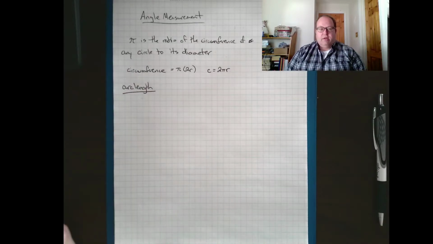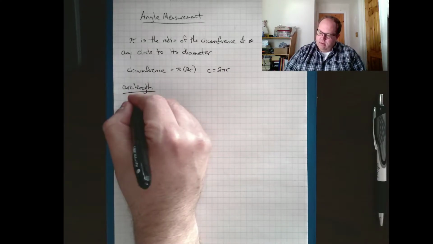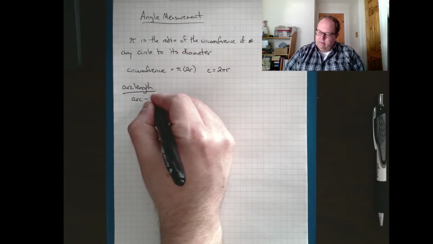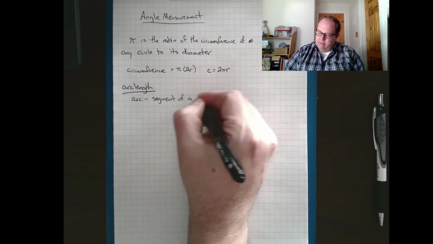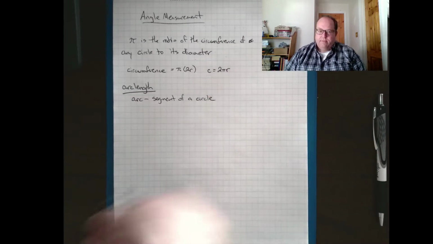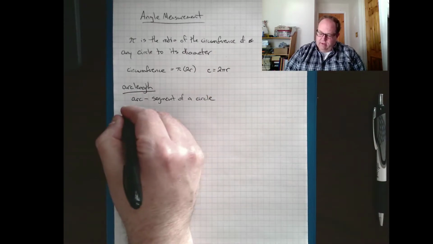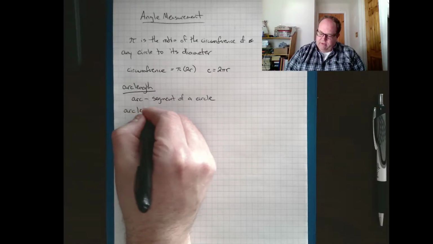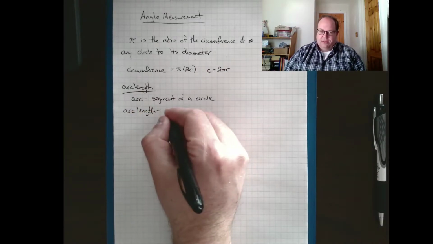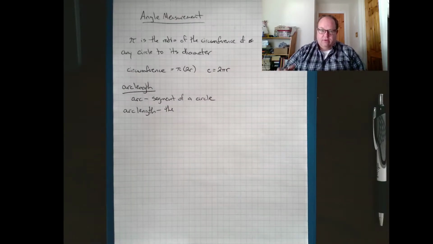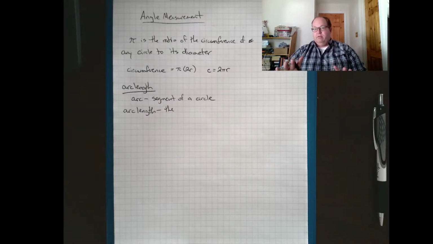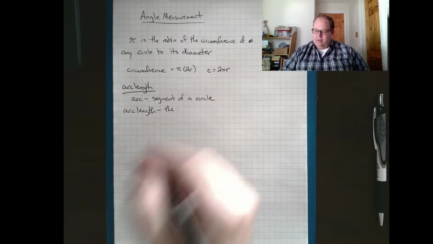First, a little bit about arc length. An arc is a segment of a circle, and in the most predictable definition in the world, arc length is, oh, wait for it, the length of an arc. Oh, hold on, take a second. Breathe. This one's pretty rough. Arc length.